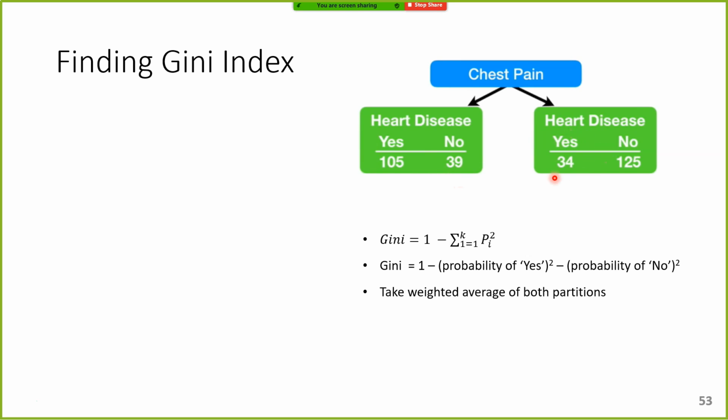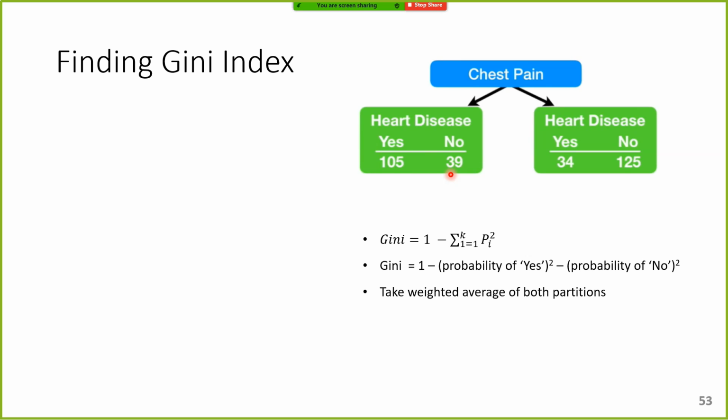To find the Gini index, we use this kind of formulation, simplified in this line: 1 minus probability of yes squared minus probability of no squared. So for this decision node, it would be 1 minus (105 divided by 105 plus 39) squared, which is the probability of yes, minus (39 divided by 105 plus 39) squared, which is the probability of no.